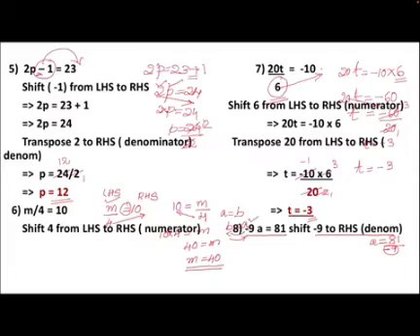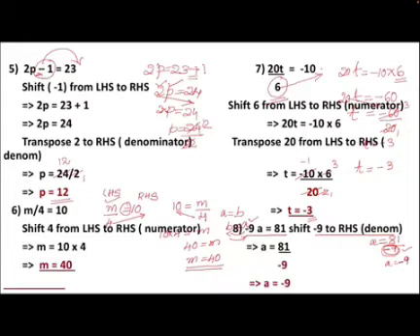Please remember that. Minus 9 shifted to denominator, but it came with its sign. It can leave its sign with a and later on change also. But to make it easy, you bring that minus 9 to denominator as it is. Okay, your answer will be 9 nines 81, is it not? But with a negative sign. Clear? I hope this is clear to you all. Next one.